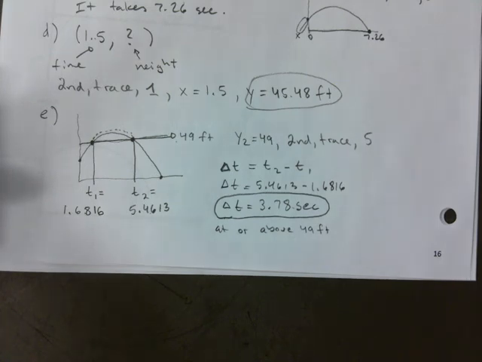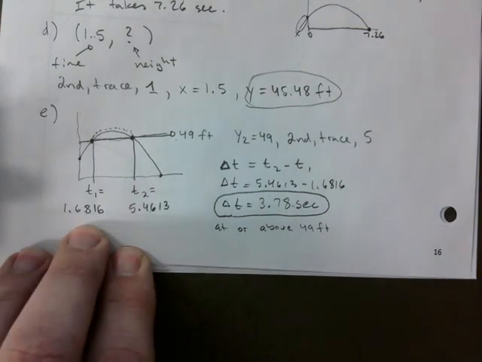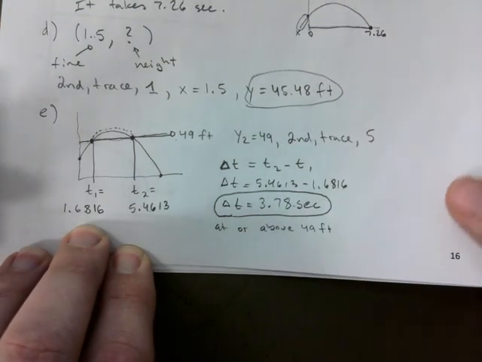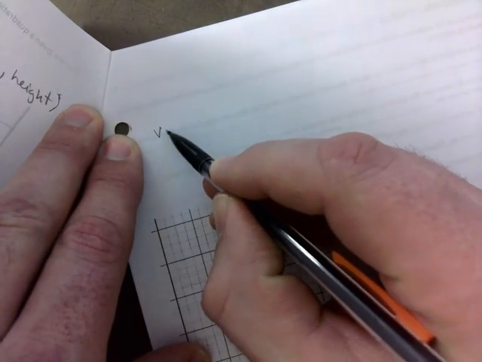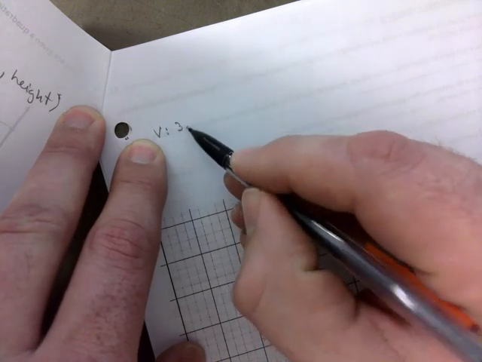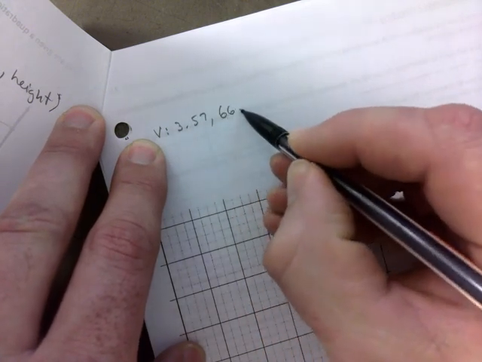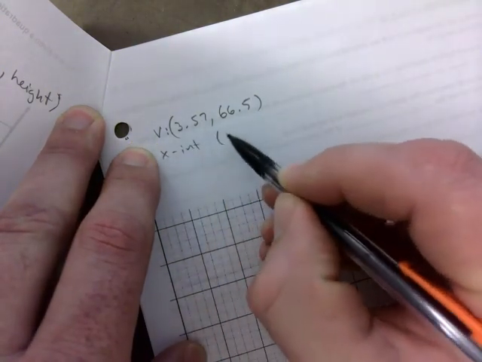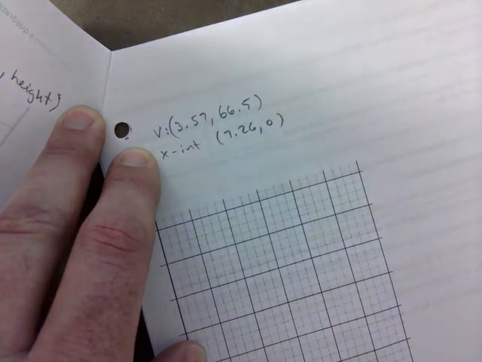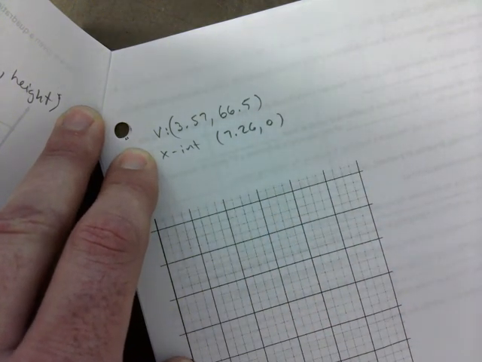Let's keep reading. Graph this scenario. That's fun, right? And I provided a graph for you, so a grid, I mean. So let's go over to the next page here, and let's do that. I'm going to transfer over very important information here. I have the vertex is 3.57, 66.5, and I'm transferring over that positive x-intercept, which is 7.260, and that's basically all I need in this case, right?